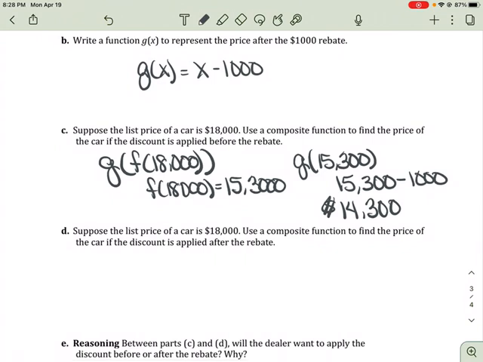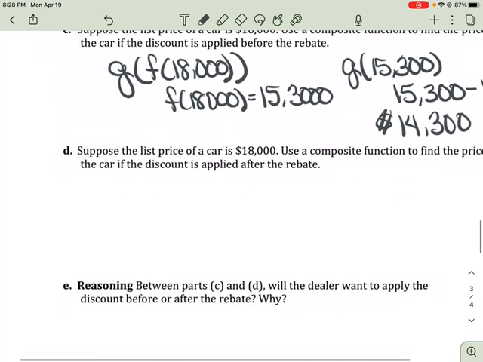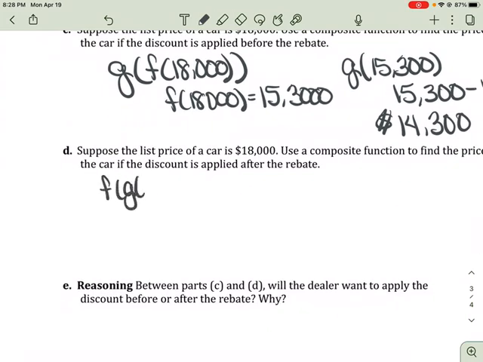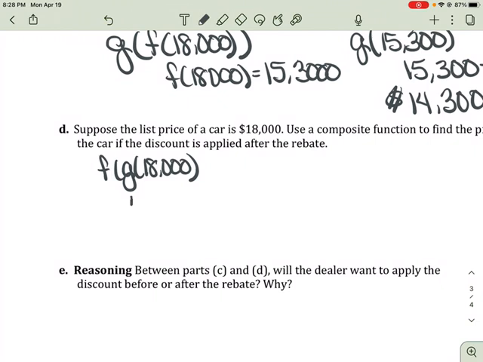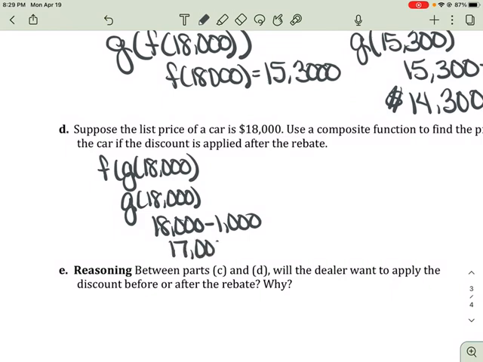Okay. Now, suppose the list price of the car is $18,000. Use composition to find the price of the car if the discount is applied after the rebate. So in other words, we're going to find f composed of g of 18,000. So we're going to take the rebate first, and then we're going to do our discount. Okay, so we're going to find g of 18,000. So that's going to be 18,000 minus 1,000.